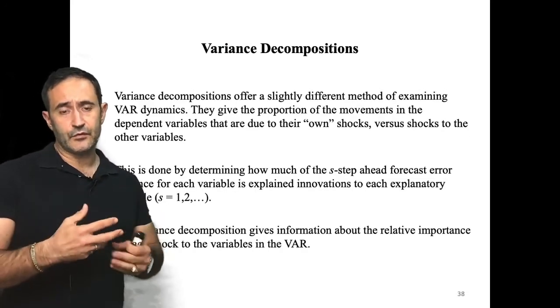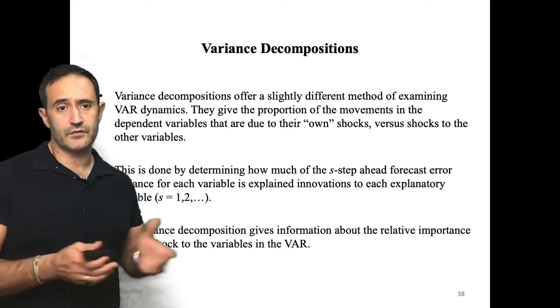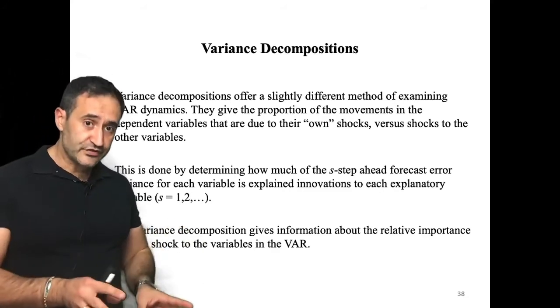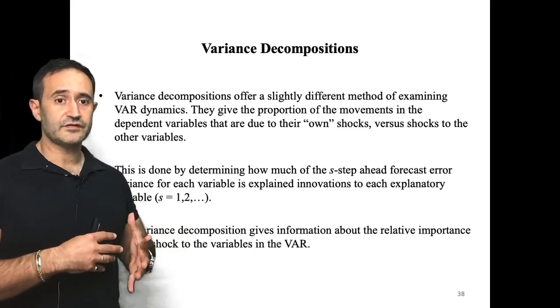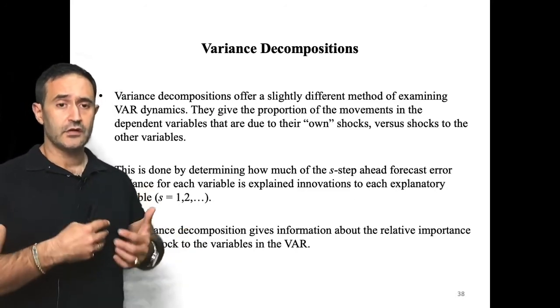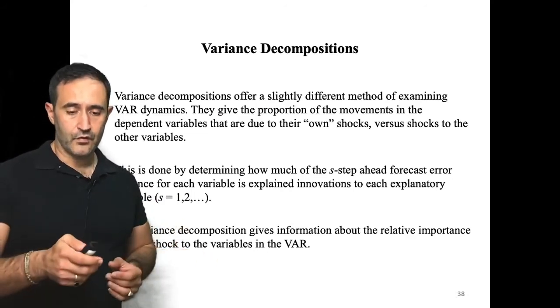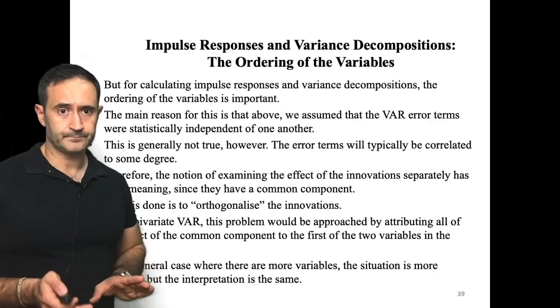Another thing we can do is estimate the variance decomposition, which is also quite useful. It tells us how much of the variance of our variables depends on its own shocks versus the shocks on other variables. They are both quite useful, but we are going to focus on the impulse response functions.